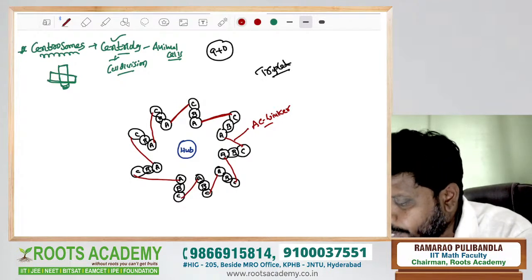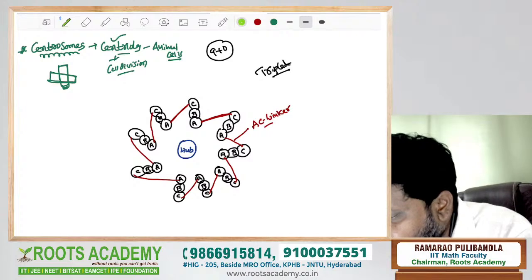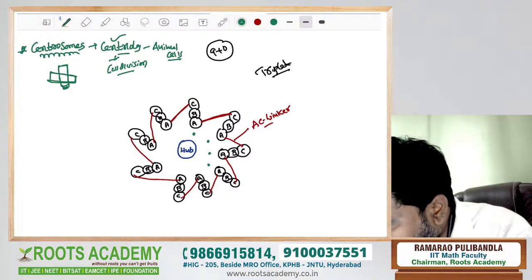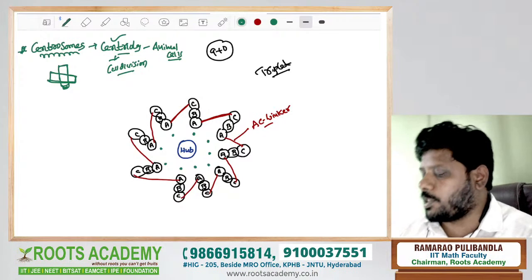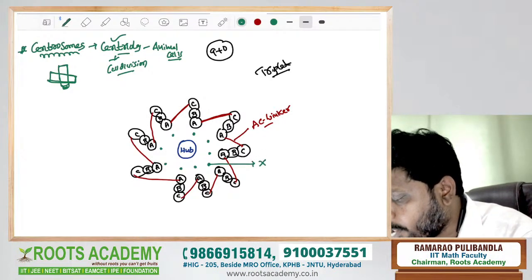And see, listen, just below the A microtubule, one dense material is present like this. This dense material is called the X body.